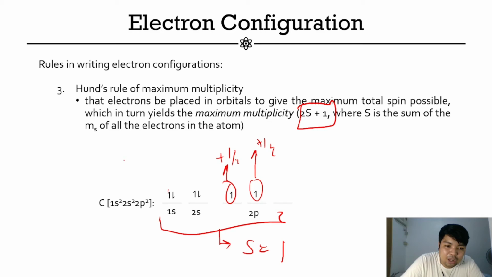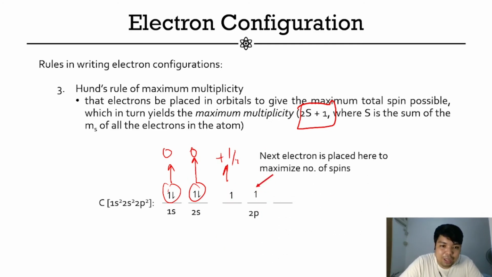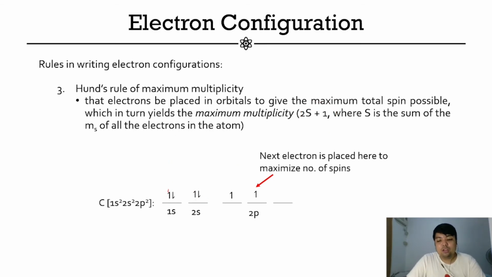Since the +1/2 and -1/2 cancel each other out, this will be 0, this will be 0. So the total spin will be 1, and thus the next electron is placed there to maximize the number of spins.